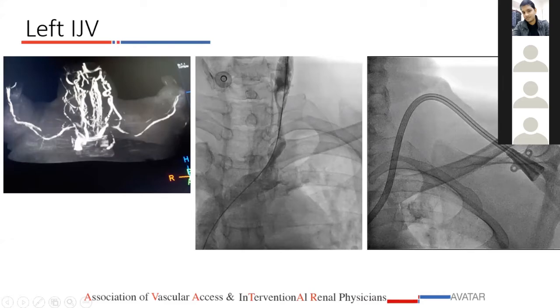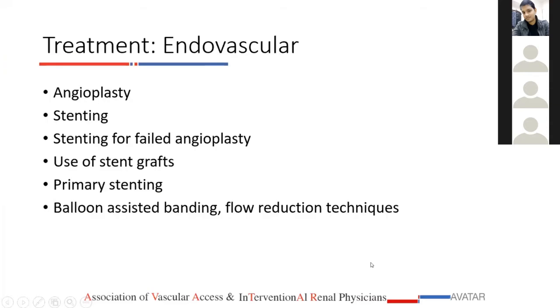But over here, this is good. There's a stenosis here, so we punctured it here. This is correlated here. There is a stenosis. We did a plasty, and we could easily put in a tunneled dialysis catheter. So in such situations, planning and evaluating with some modality like CT or MRI will be of definite help.